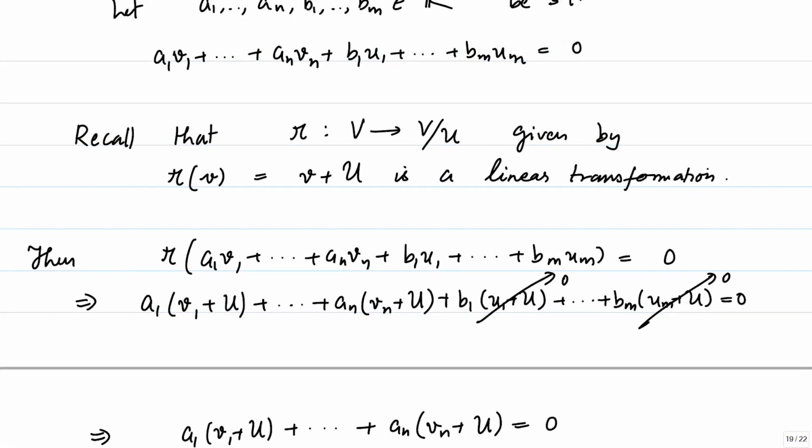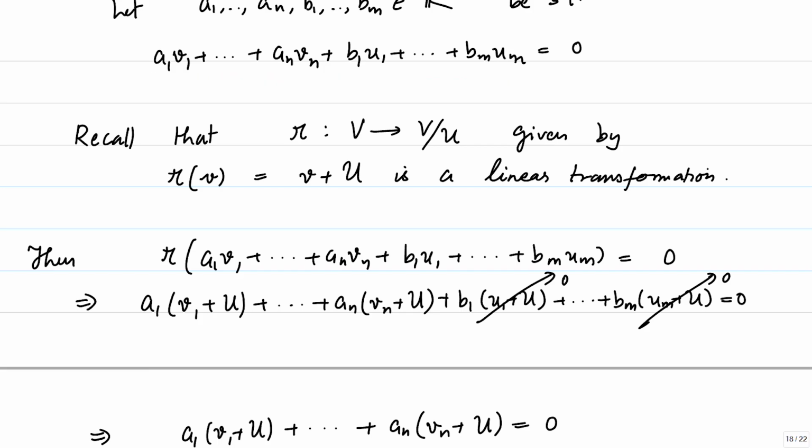So let's revisit our equation to begin with. Here, what we have established is that if such an equation is 0, then A1, A2 up to An should necessarily be 0, right? That's what we have established just now. So let's see the implication of this.